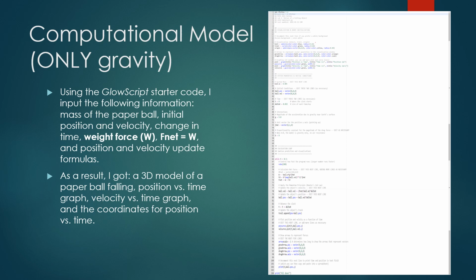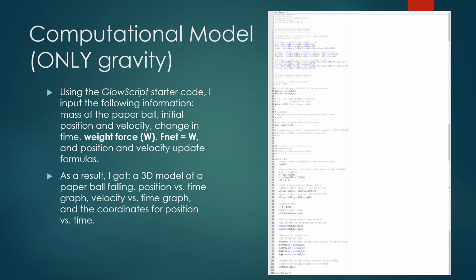I put in the mass of the paper ball, and the initial position and velocity vectors. I changed the time in that while loop to match the time of my video. I put in the weight force formula. I set the net force equal to the weight force because we're only accounting for gravity here. And then I updated the position and velocity formulas.